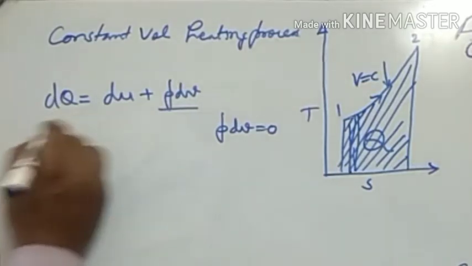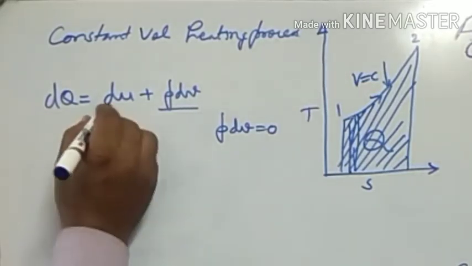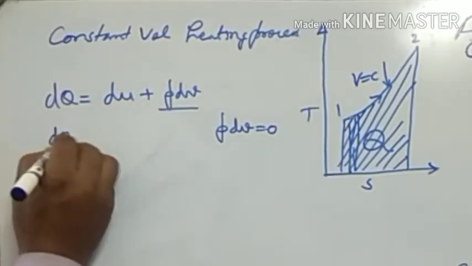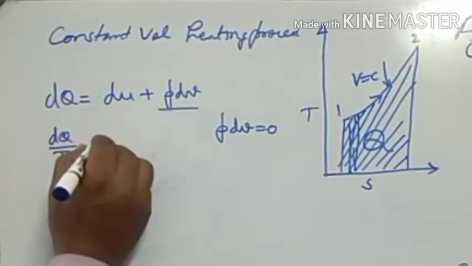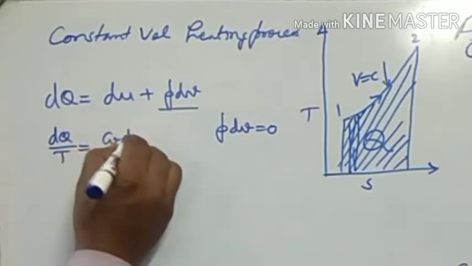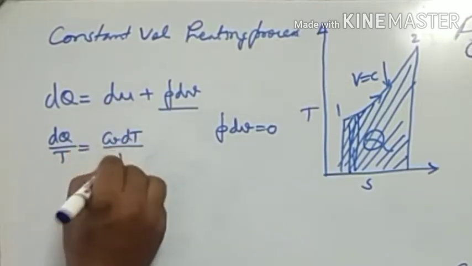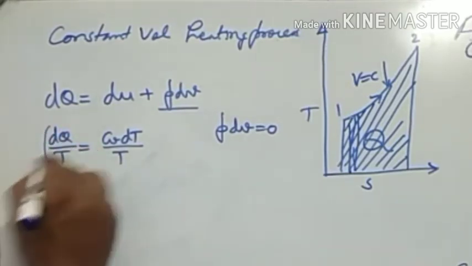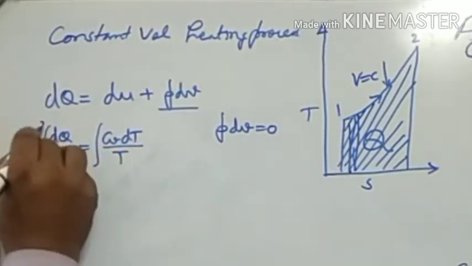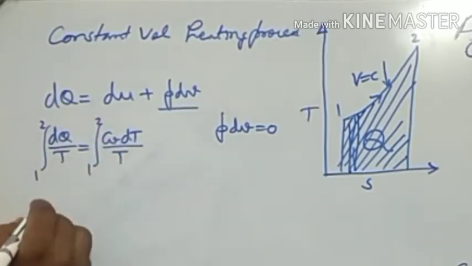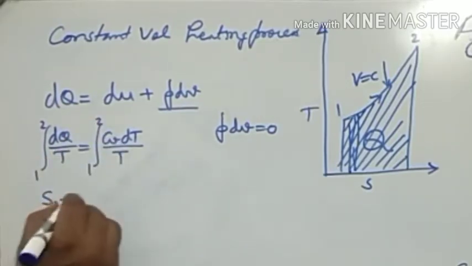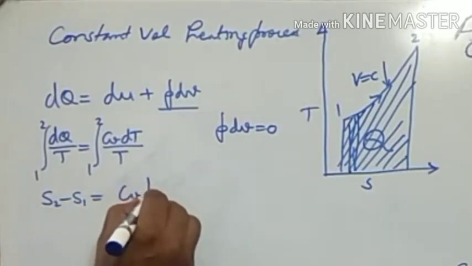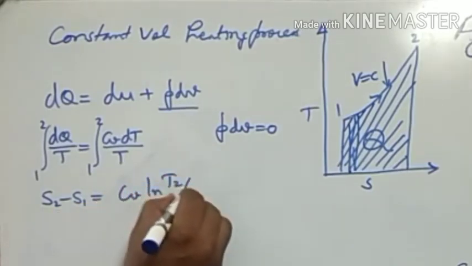If we divide this equation by T, and for du we write Cv dT, then dq by T equals Cv dT by T. If we integrate this process from 1 to 2, from initial to final position, it becomes S2 minus S1 equals Cv log of T2 upon T1.